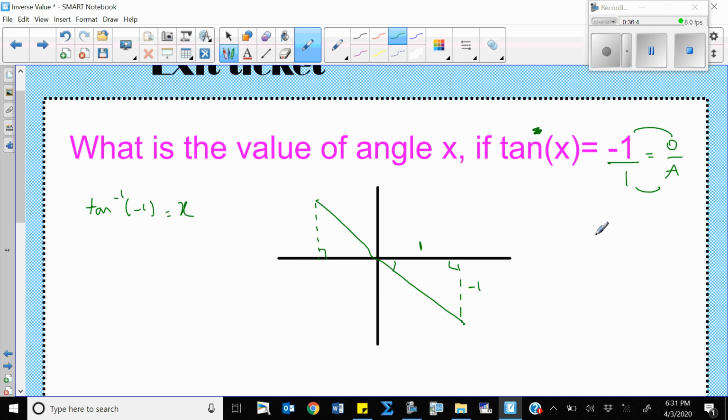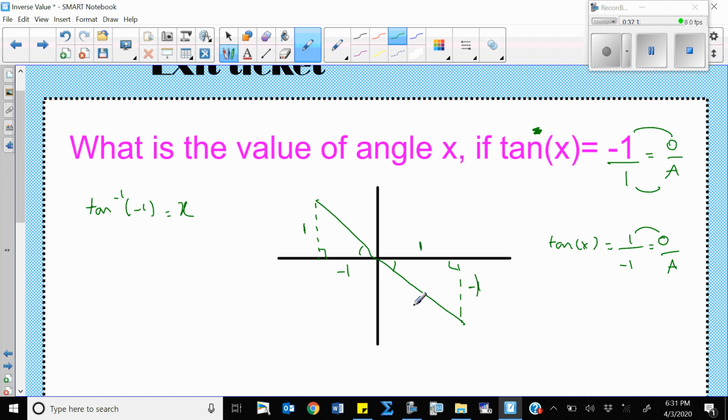And for this one, this time I can say tangent of x is 1 over negative 1. I'm going to push the negative down over here. So this time opposite is 1. Opposite of this angle is 1 and adjacent is negative 1. Basically, you don't have to worry that much about the positives and negatives at this point because we're going to just ignore the negatives.